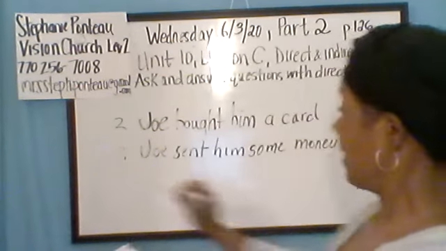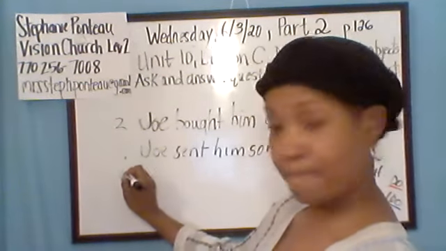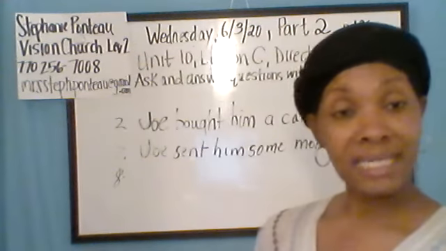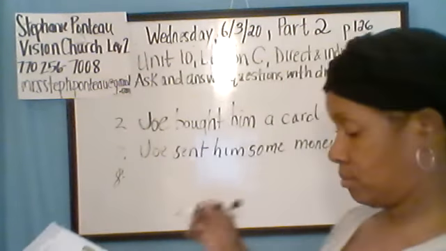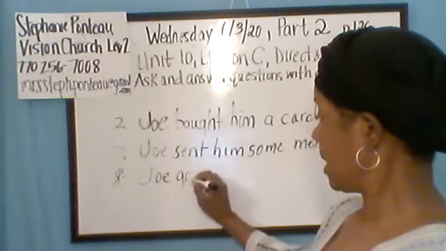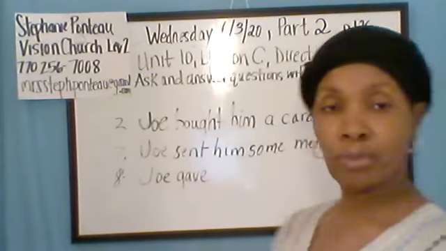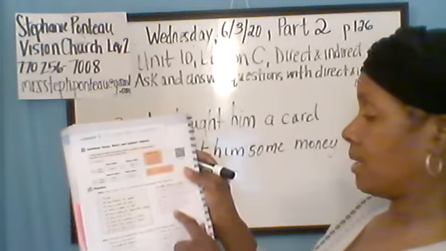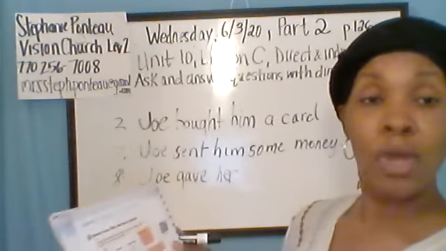Okay, and then number 8, what did Joe give Sue? Joe gave, what would be the pronoun for Sue? Her, because Sue is a female. Joe gave her what? Look at number 8 in exercise 2A. He gave her a ride.